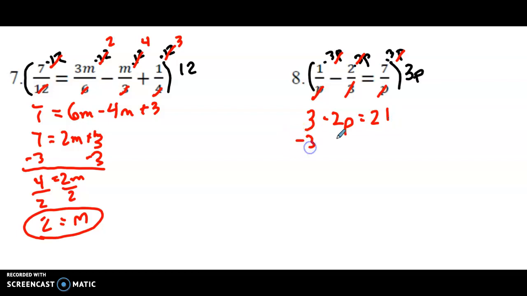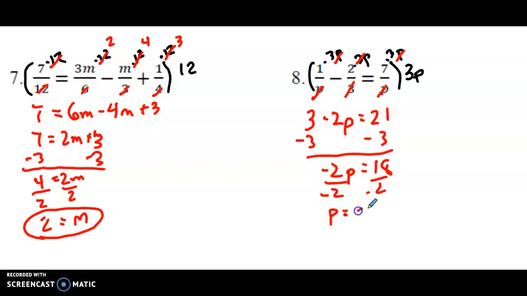Subtract 3. Divide by negative 2. P is going to equal negative 9. Check for our excluded values. They're monomials. So monomials with variables have an excluded value of 0, which is not matching my answer, so my answer is going to be negative 9.